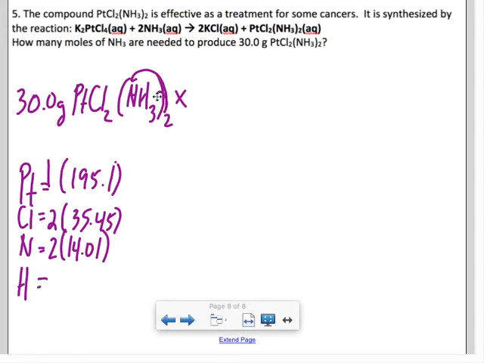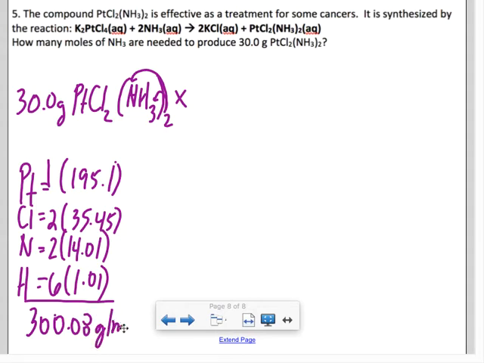Again, distribute. 2 times 3 is 6. 6 of them at each 1.01, which gives me approximately, and I hope I did my math right, I did it a couple times, I got 300.08 grams per mole. So somewhere around there.